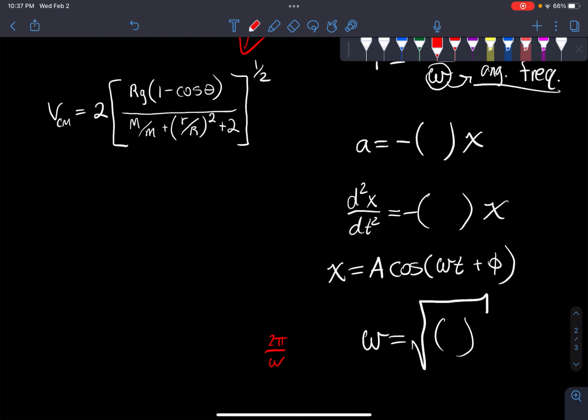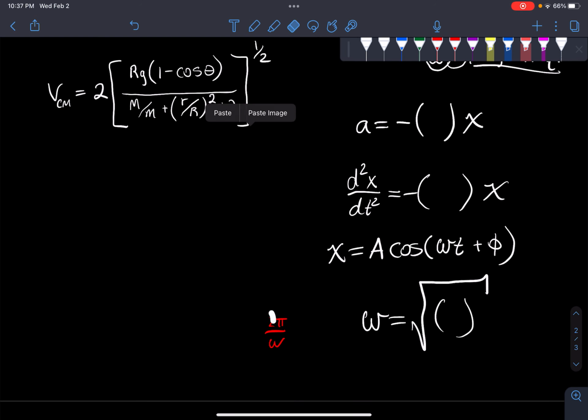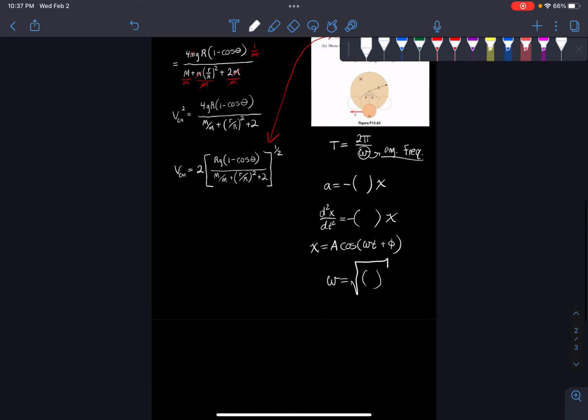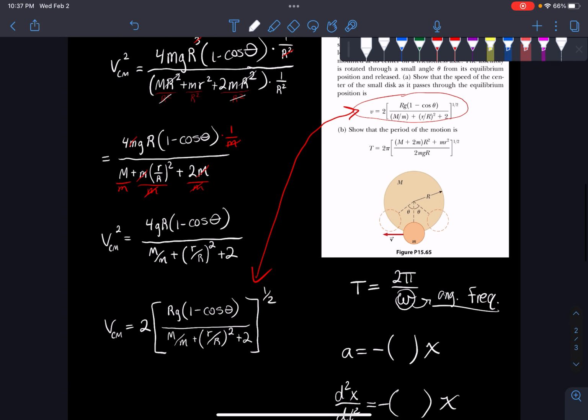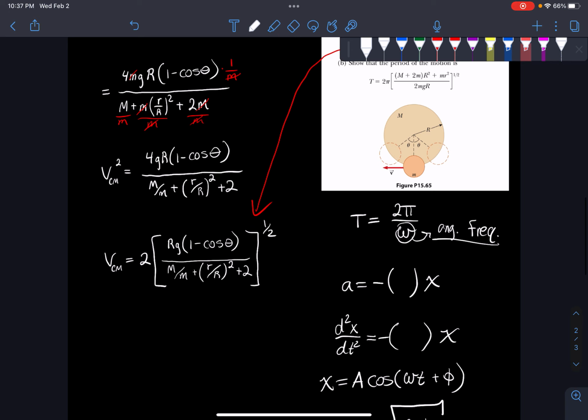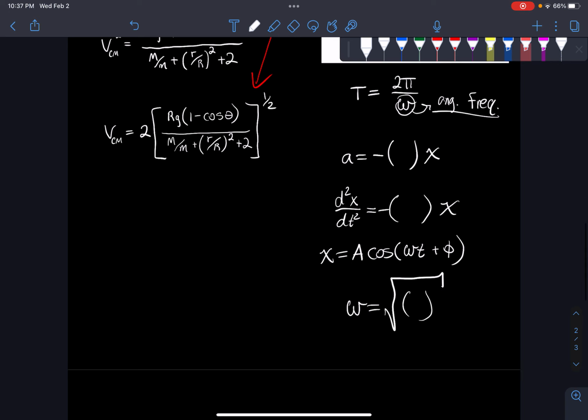So we're going to have to set up Newton's second law. But we're actually going to use Newton's second law of rotation, because if you look at the problem, we have something that's rotating, not translating. So Newton's second law of rotation says that the sum of all the torques on an object is equal to the moment of inertia times the angular acceleration.